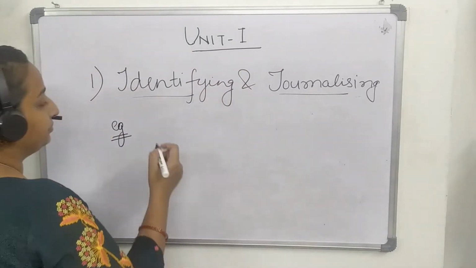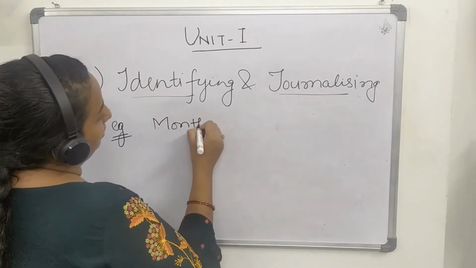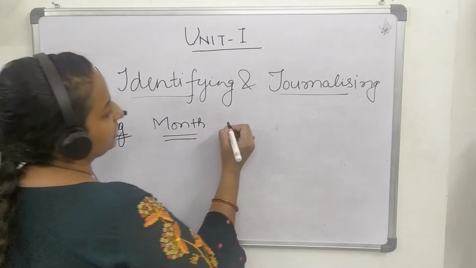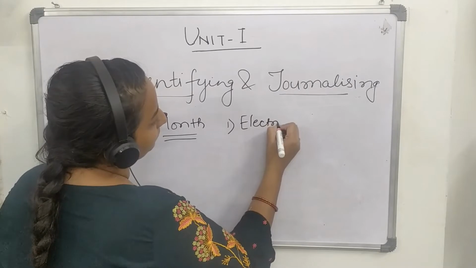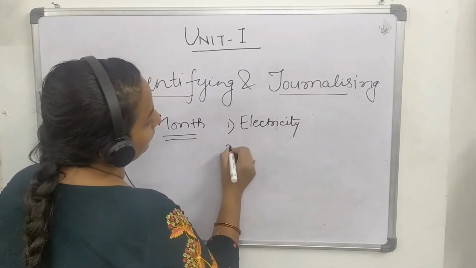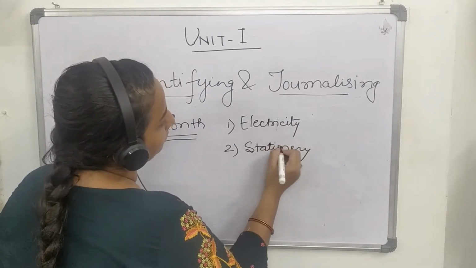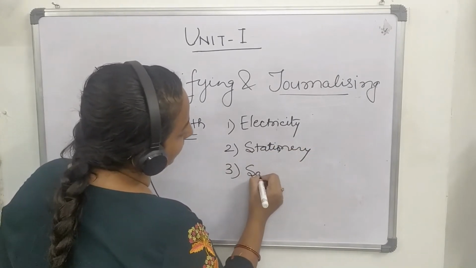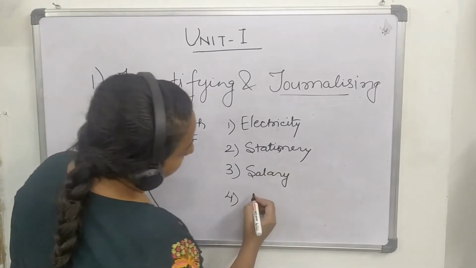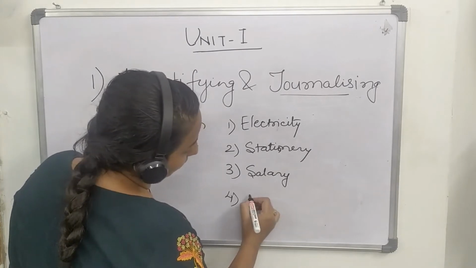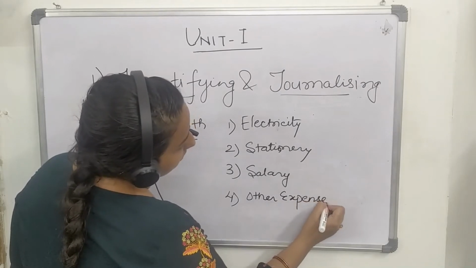For example, in an organization, in a month, there are various expenses. For example, electricity, stationery, salary paid by the company to its employees, and other expenses which are done on a regular basis.